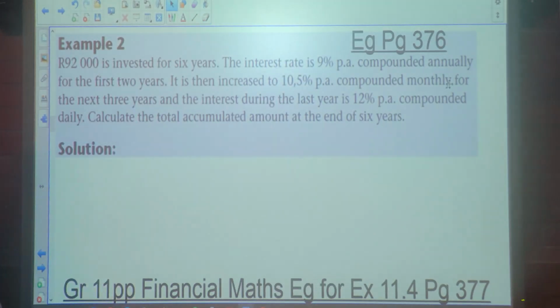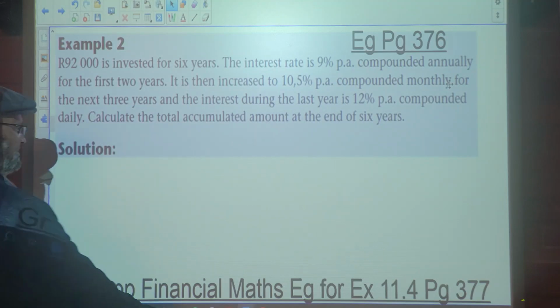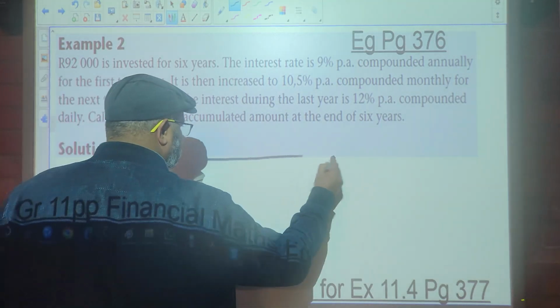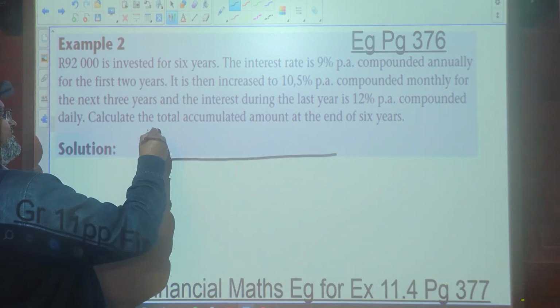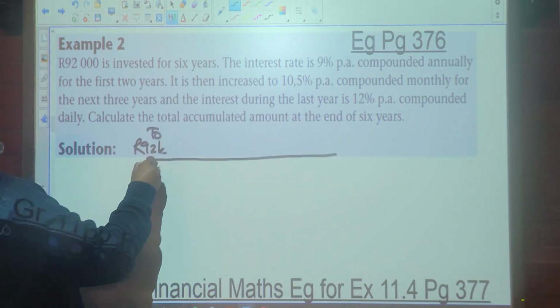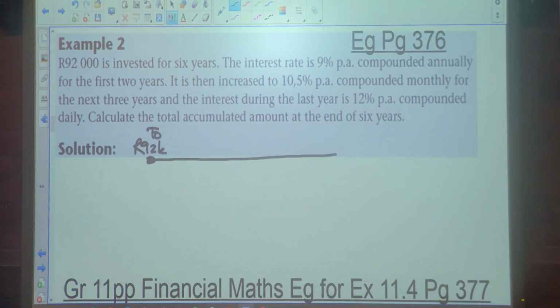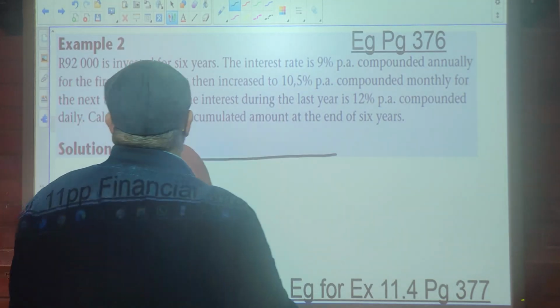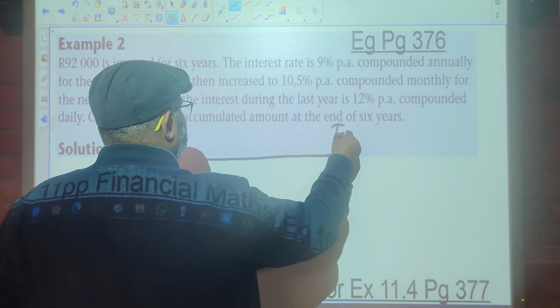We are told that 92,000 Rand is invested for 6 years. So what do we do? Time line: T0 is 92,000 Rand. Invested for 6 years takes you to T6.